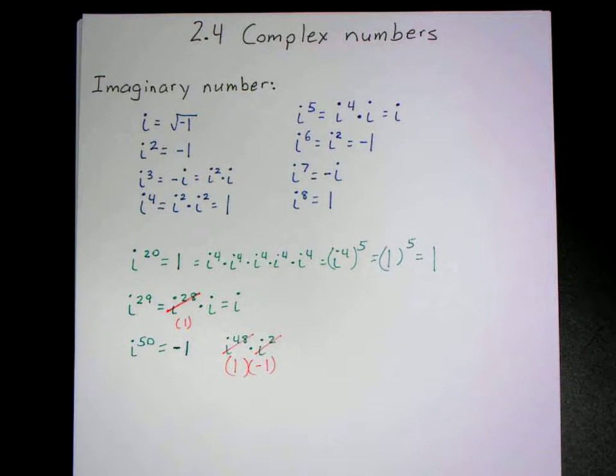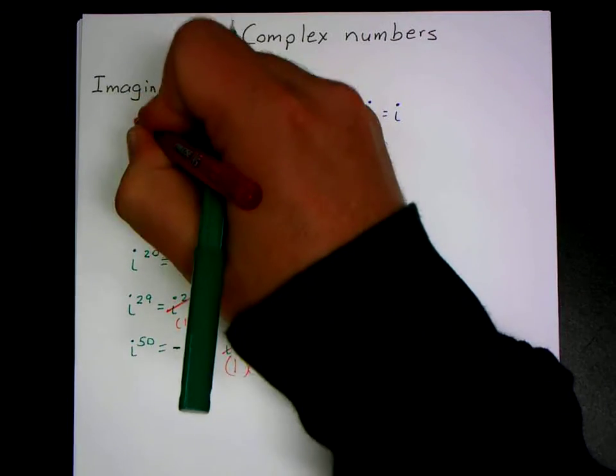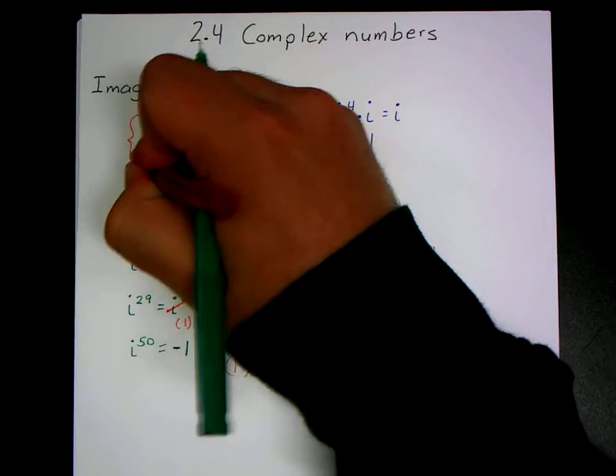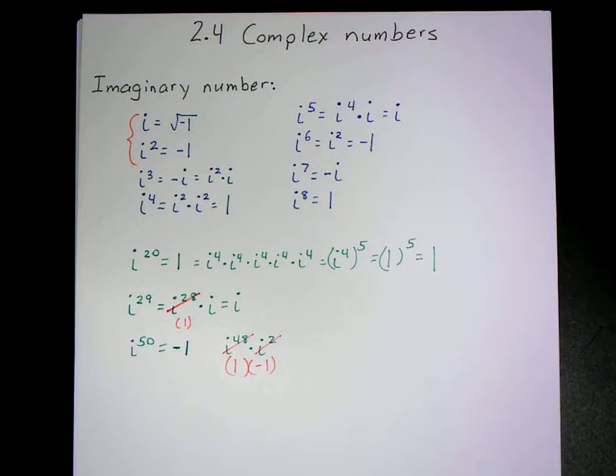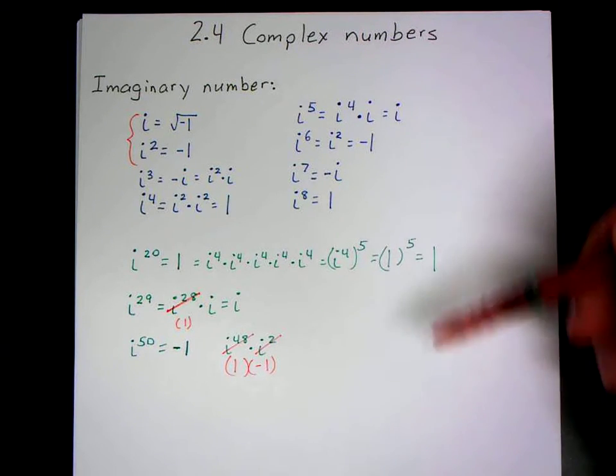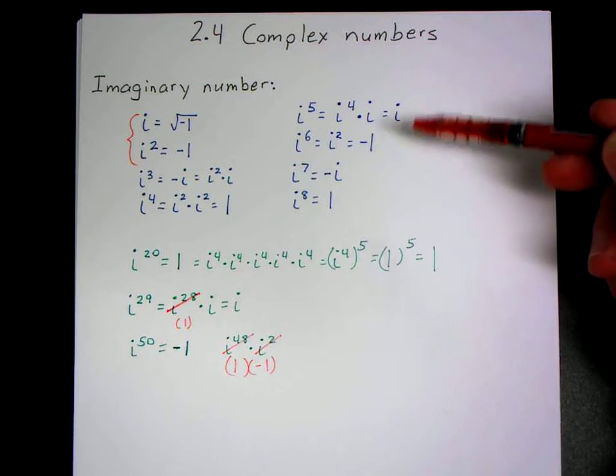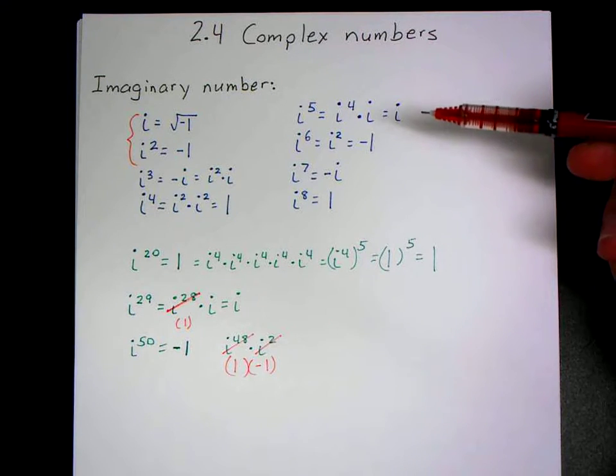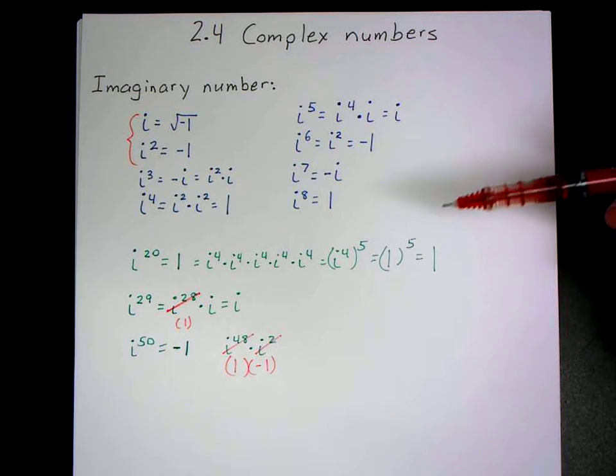Now, what that has to do with today, absolutely nothing. That's just fun. It is! Because for today, that's all we need. This is like Inception. No, that's not on any of your homework. Again, I just showed you that because that is a property of i. It's a cool thing to know.